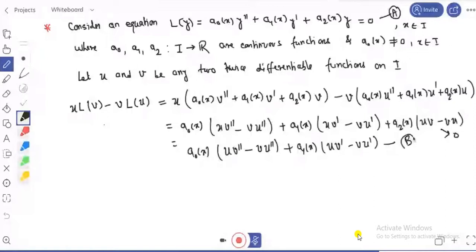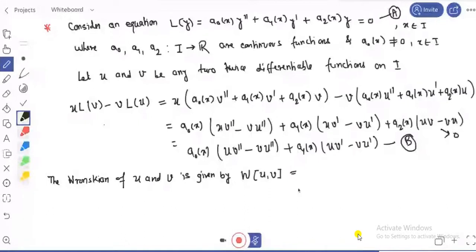Say this equation is B. And you know the Wronskian: if we are interested in finding the Wronskian of u and v, it is given by W(u, v), the first's differentiation of the second minus the second's differentiation of the first.